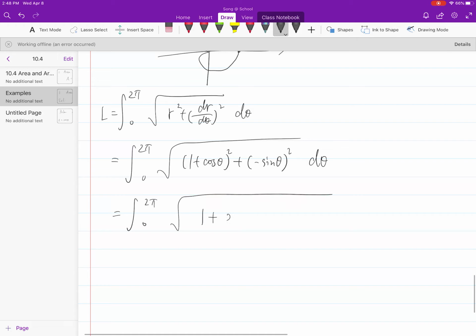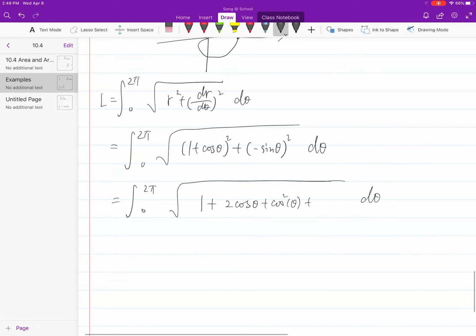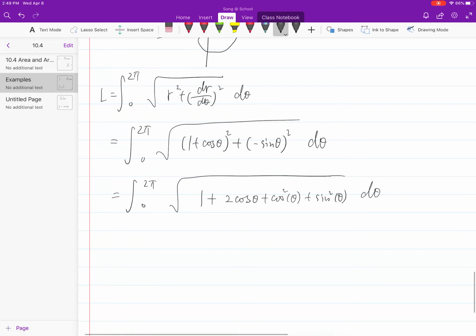We got 1 plus 2 cosine θ, plus cosine squared θ, plus sine squared θ. There is some good news, there is some bad news. Good news is these two give you 1. Cosine squared plus sine squared. So we have 1. Combined with the 1, we have a 2.